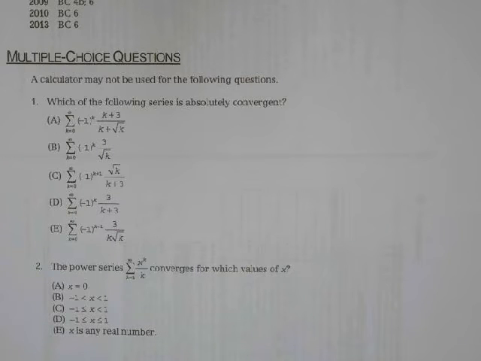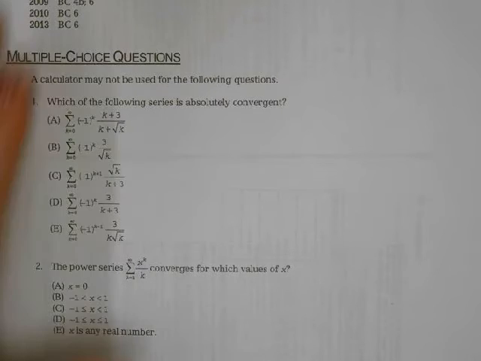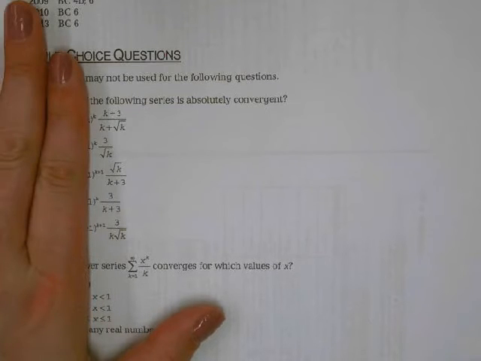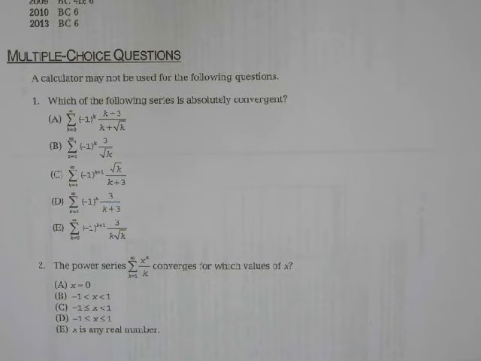Or we can use the alternating series test and just check to make sure that the absolute value of the function is also convergent. So what I did is I went through and did some tests initially, just to see if ignoring the -1, these functions would be convergent or not, because then I knew whether the alternating series test was going to work for the absolute value part of it.